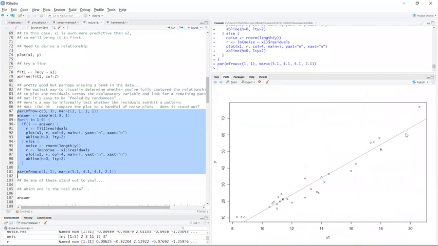So just to reiterate, we're trying to determine whether this line captures the pattern in this scatter plot. And if it does, then the residuals of the scatter plot should look like just random noise. There shouldn't be anything left to fit. There shouldn't be any pattern remaining in the residuals if we've captured all the pattern with our fit.